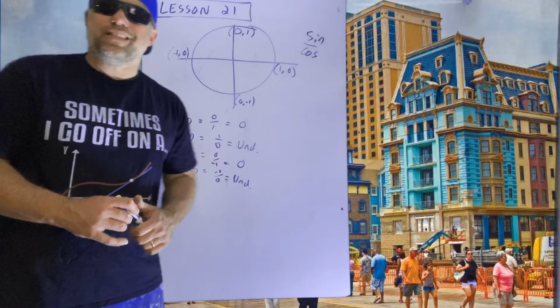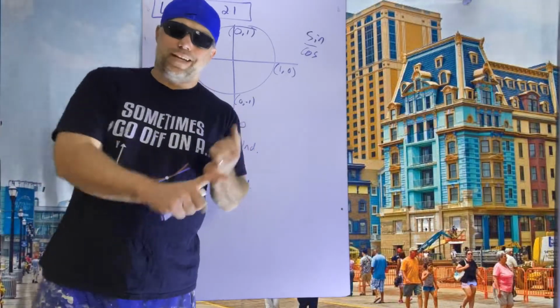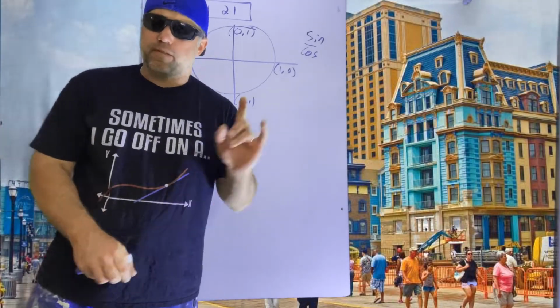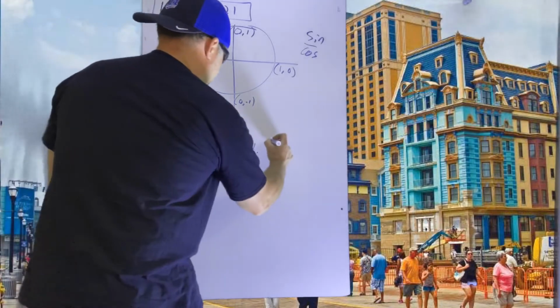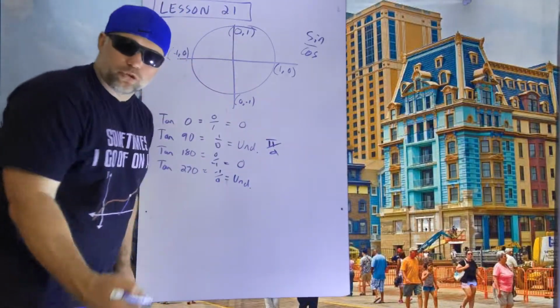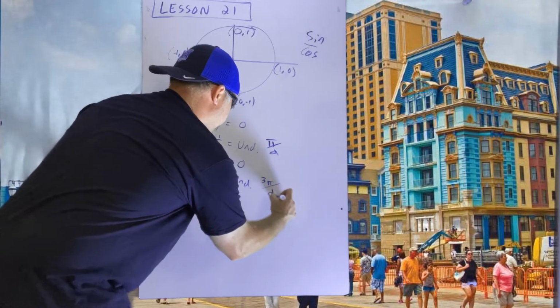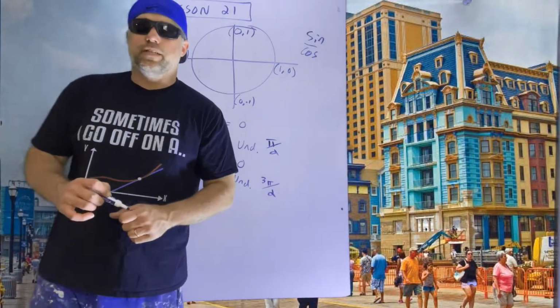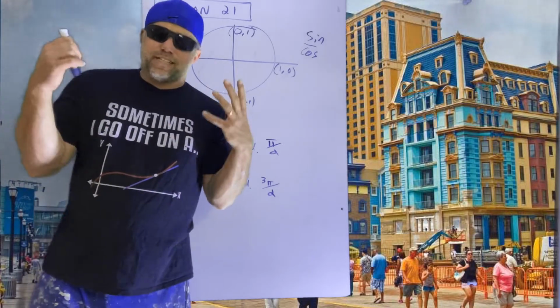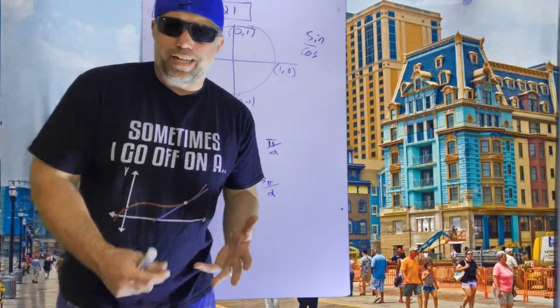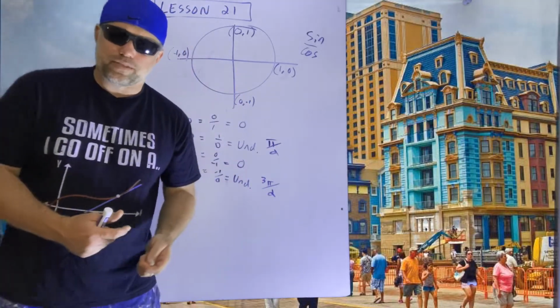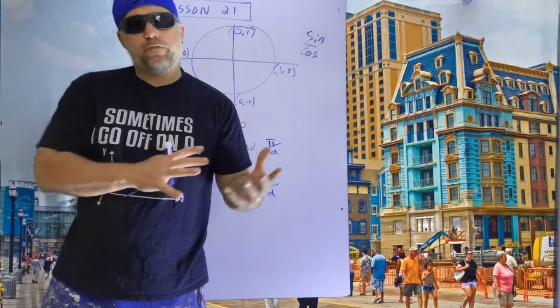So tangent is undefined at 90 and 270. Now remember, 90 is really pi over 2 in radians, and 270 is 3 pi over 2. So the fact that tangent doesn't exist at 90 and 270 makes the graph very interesting.